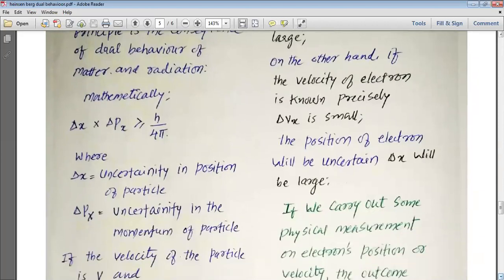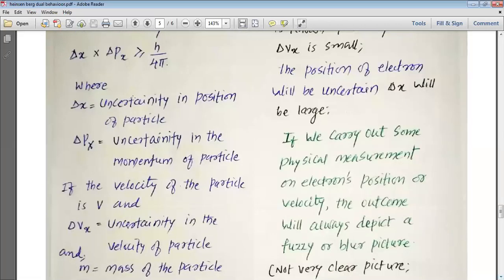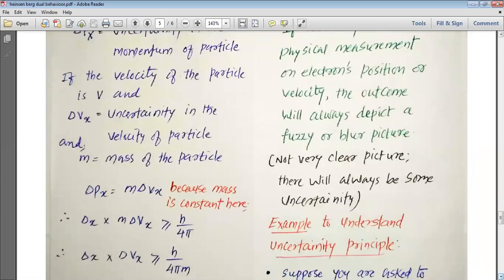So actually Heisenberg's principle says we cannot determine the position as well as the momentum of an electron exactly, and the product of the uncertainty in position and momentum is greater than or equal to h upon 4 pi, where delta x is known as the uncertainty in position of the particle, whereas delta px is known as the uncertainty in the momentum of the particle.